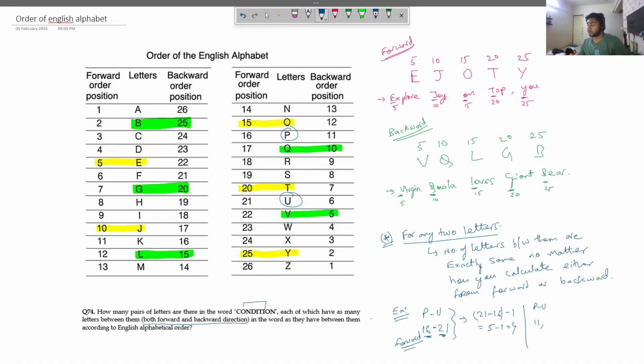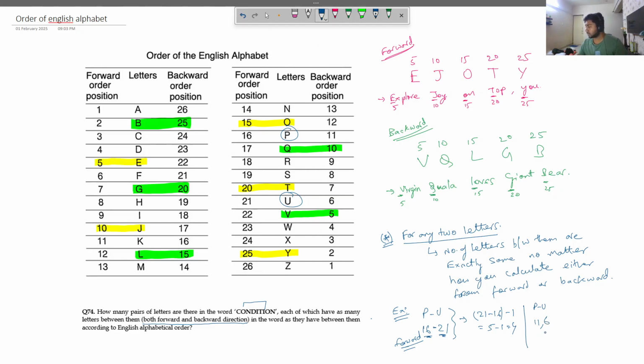And U's place value: P, Q, R, S, T, U, V. U comes just before V. If V's place value is 5, that means U's place value would be 6.